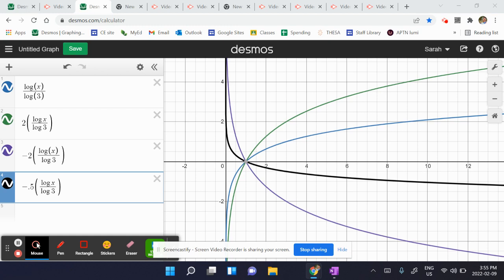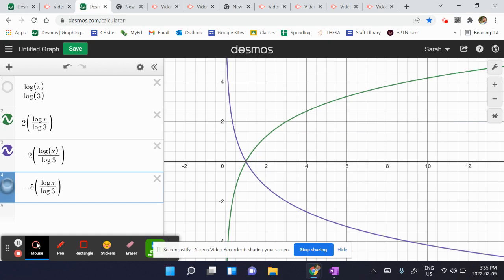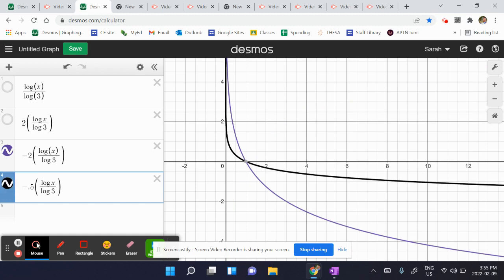So what does it change? If I look at these, 2 and negative 2, it flips it over this axis. If I look at 2, negative 2 is the purple line, and negative a half is the black line. So it makes it curve in towards this x-axis much quicker.